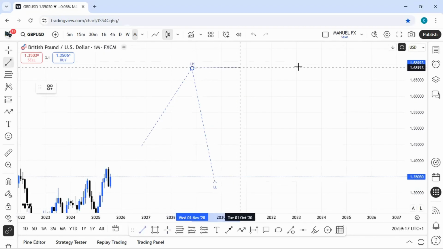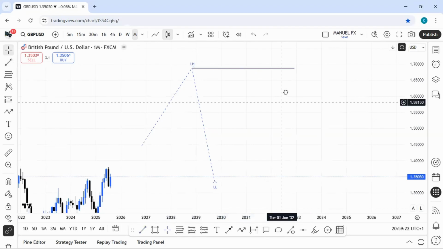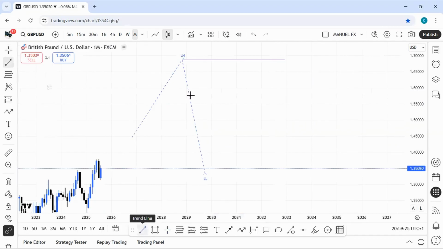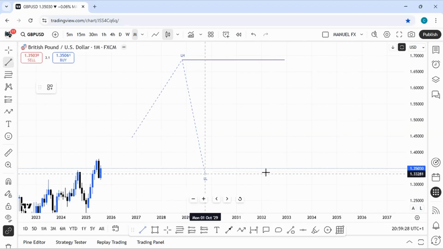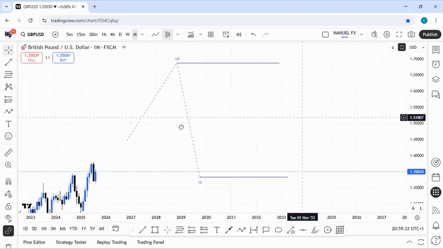For a downtrend, it's for us to sell. For an uptrend, it's for us to buy. And our swing point is from the last lower high to the recent lower low. This is how it looks.